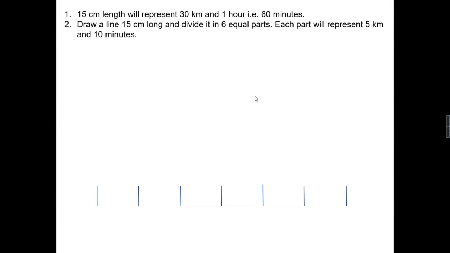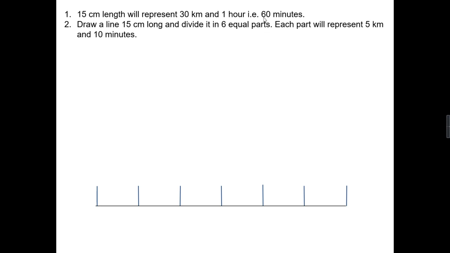So now first I will draw a line of 15 centimeter, and I am dividing it into 6 equal parts, so that each part will represent 5 kilometers and 10 minutes. So basically I am going with the minutes because the least count the question has asked us to represent is 1 minute.